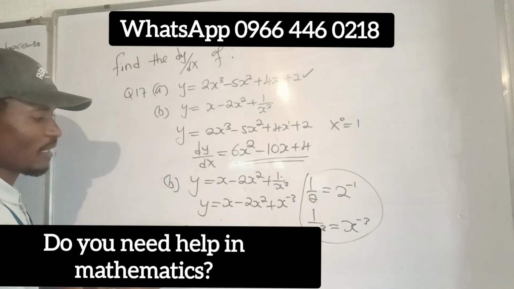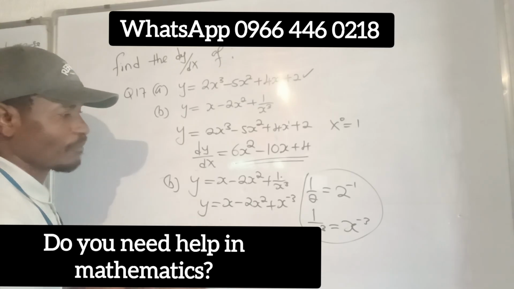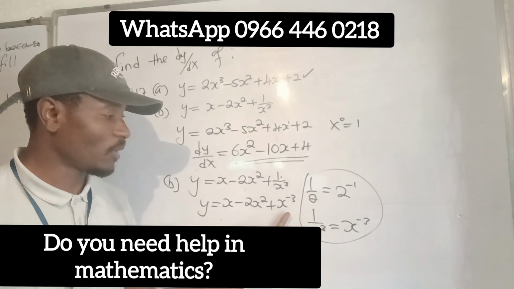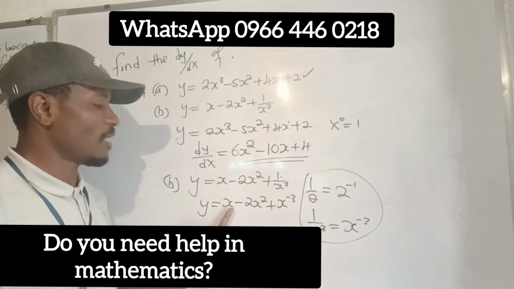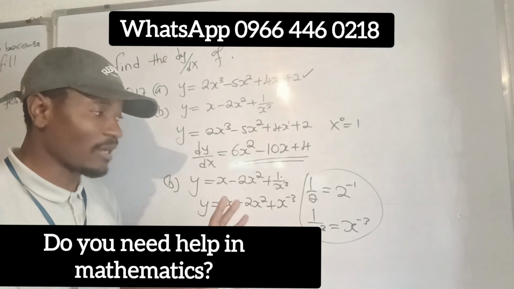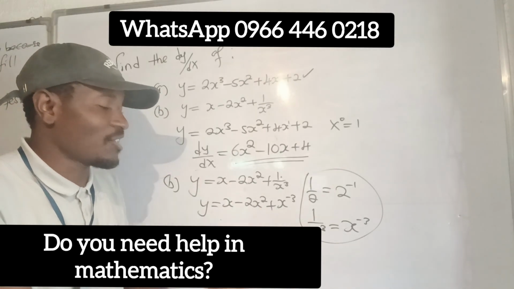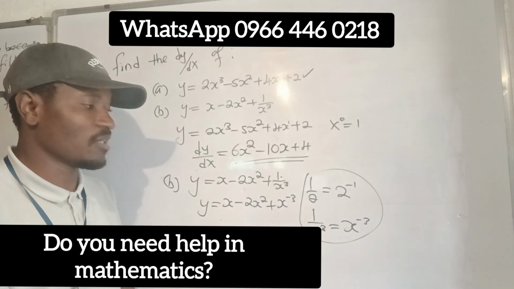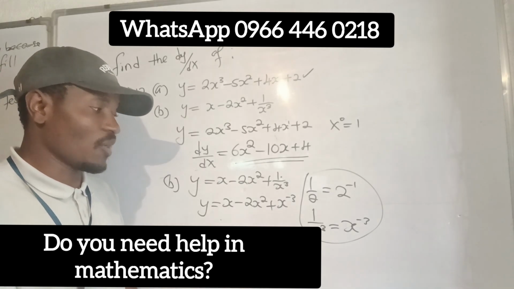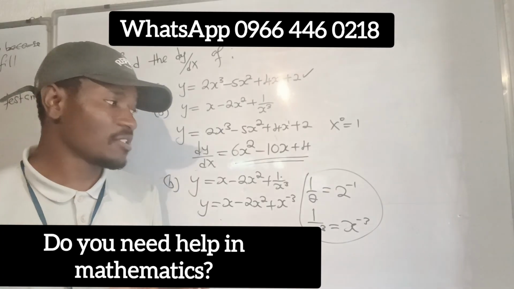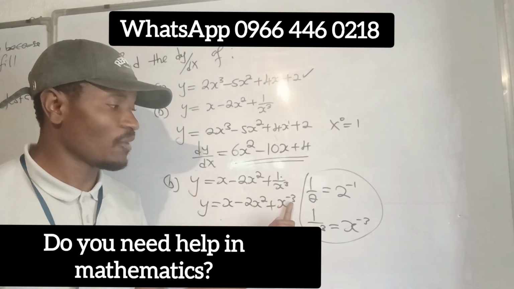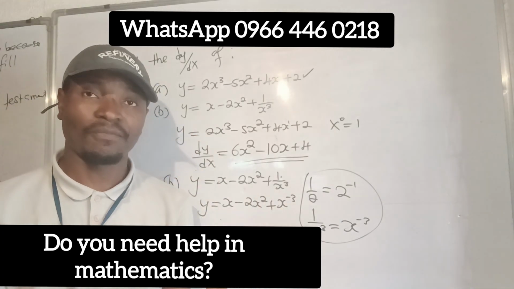And now from there we can say the highest power is 3, then 2, and here there is just a power 1. Now at this point, we have not actually yet differentiated this question. What we are going to do now is rearrange, starting with the highest degree of power.